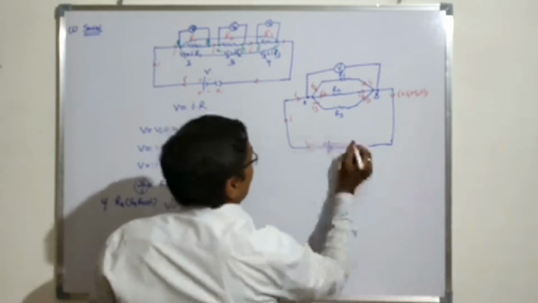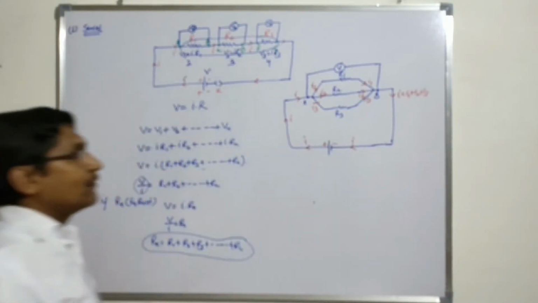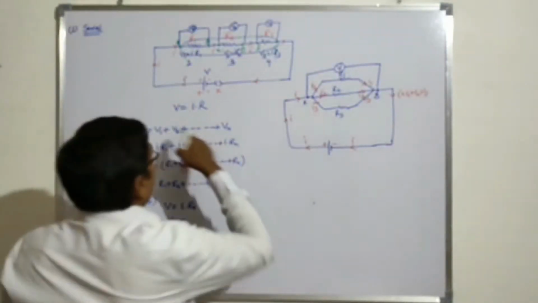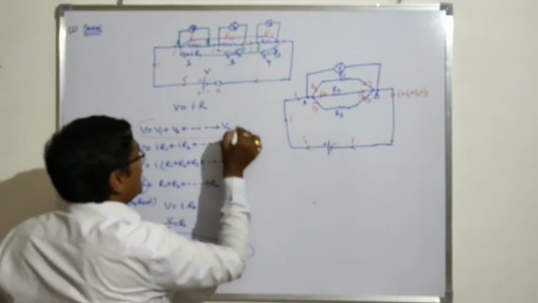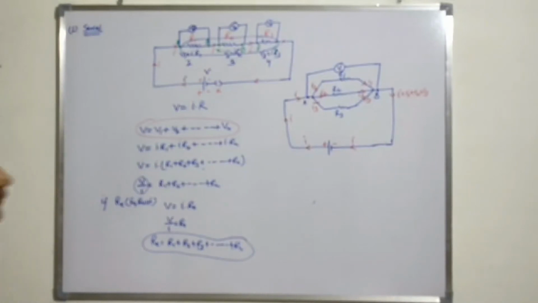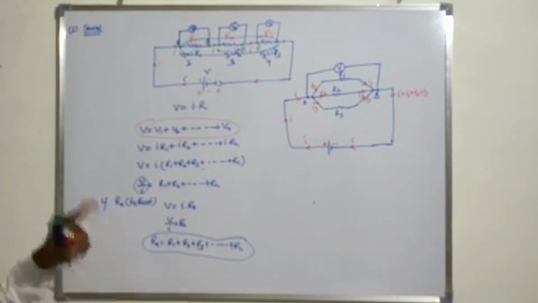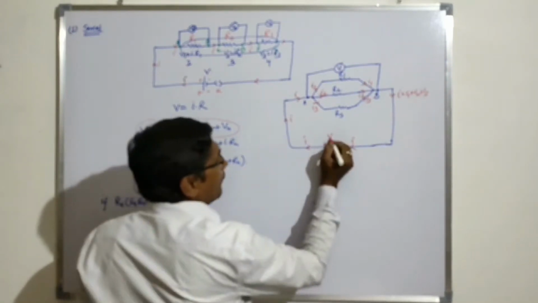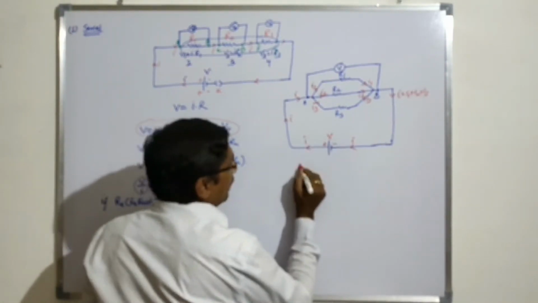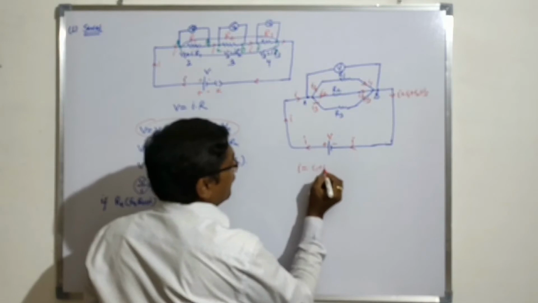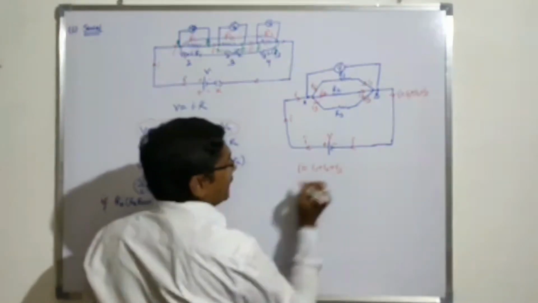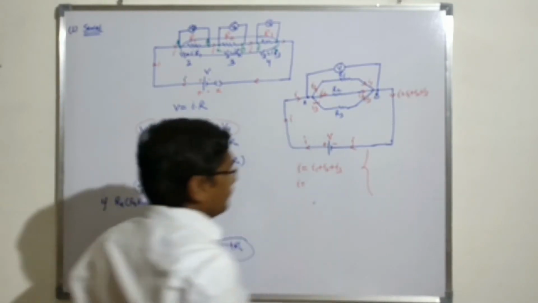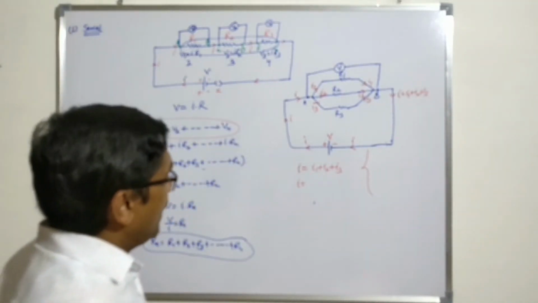The current I starts, and what reaches the negative end of the battery is also I. In series combination, total potential V equals V1 plus V2 plus V3 up to Vn, and in parallel combination the current is divided. Therefore, letting the voltage of the battery be E, total current I equals I1 plus I2 plus I3. So I equals, according to Ohm's law, V equals IR.